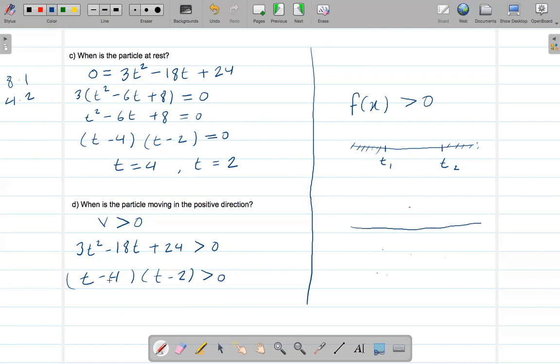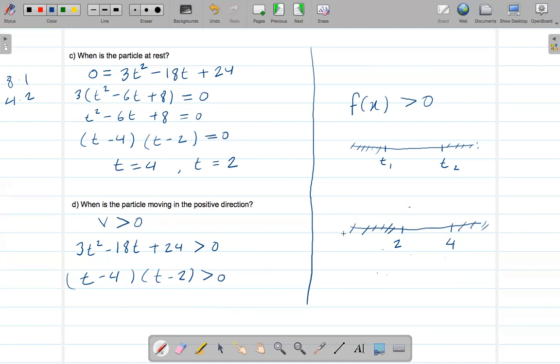Since we found the roots, 4 and 2, going from left to right you get the smaller value first and then the larger. Since we have greater than, the particle is moving in the positive direction in the outer regions.